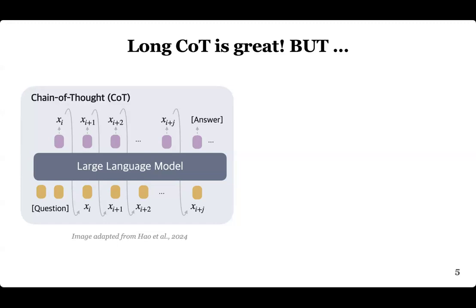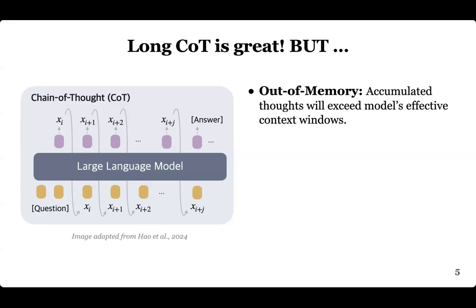But as we are solving more and more complex tasks and using longer and longer chain of thought, this will introduce many problems. For example, consider solving some NP-hard tasks where we might need to generate exponentially many tokens, it will easily run out of memory.